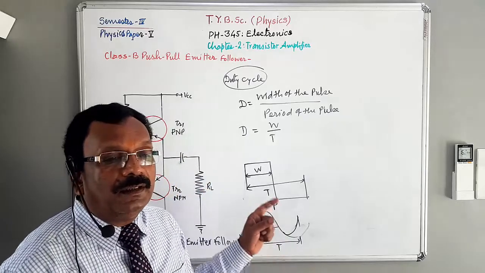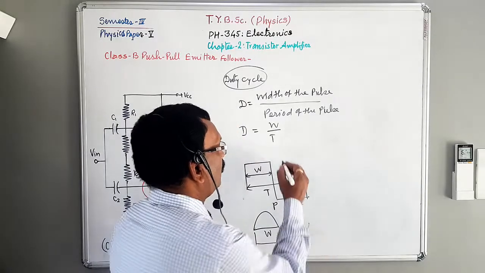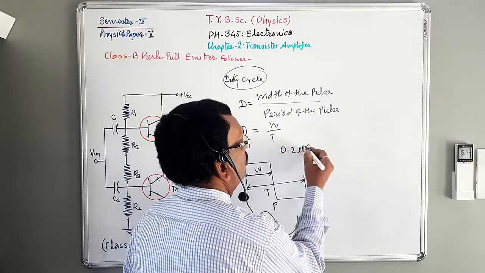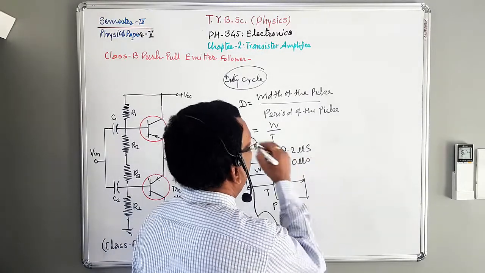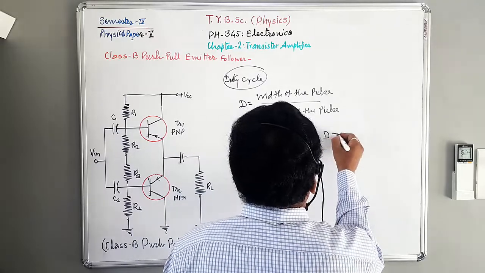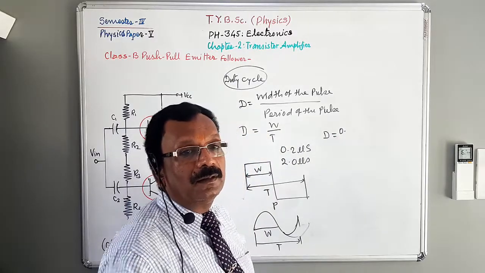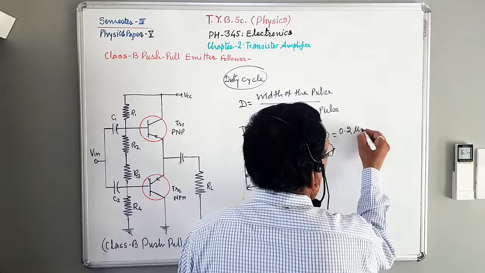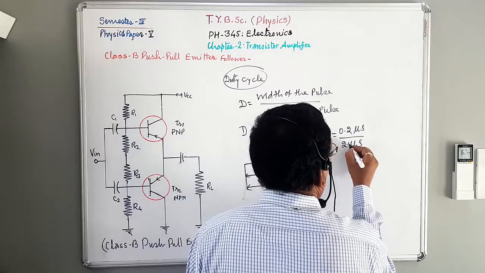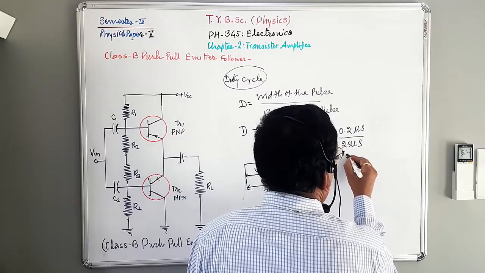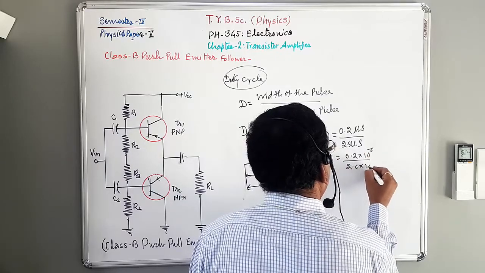For example, if an oscilloscope, that is CRO, displays a pulse width of 0.2 microsecond and a period of 2.0 microseconds, then what is the duty cycle? Obviously duty cycle D is equal to 0.2 microsecond upon 2.0 microseconds, that is 0.2 into 10 to the minus 6 upon 2.0 into 10 to the minus 6.